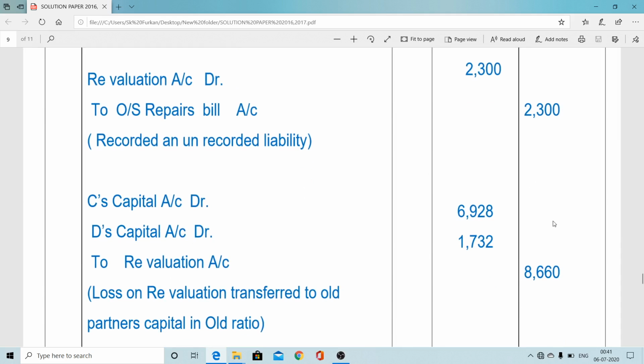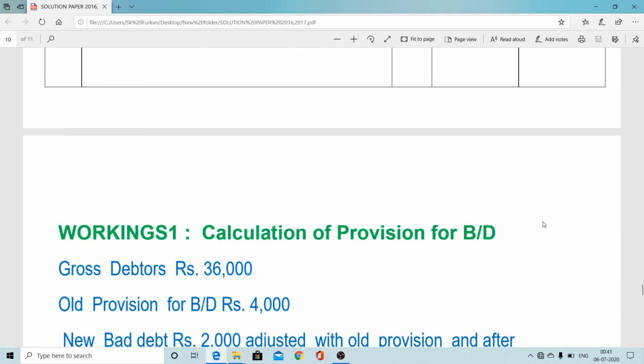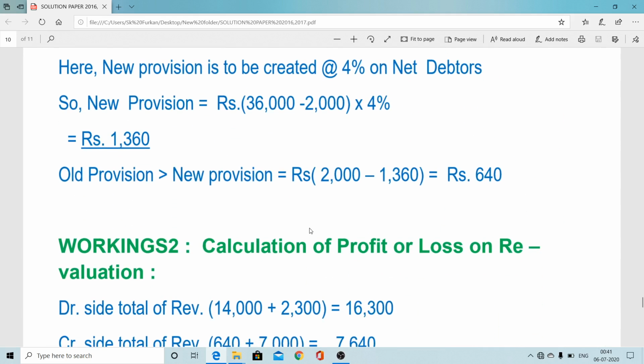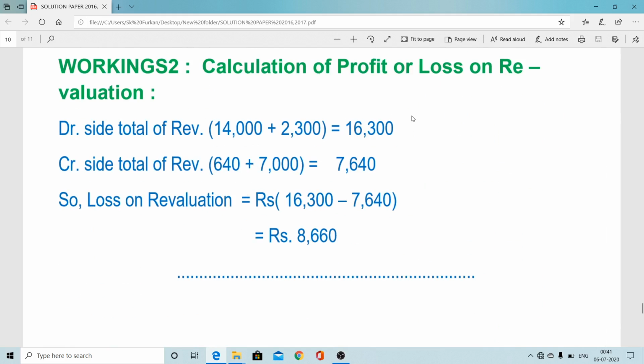Roughly, we can find out whether profit or loss arises. Working for profit or loss on revaluation: the debit side total comes to 16,300, whereas the credit side total comes to 7,640.